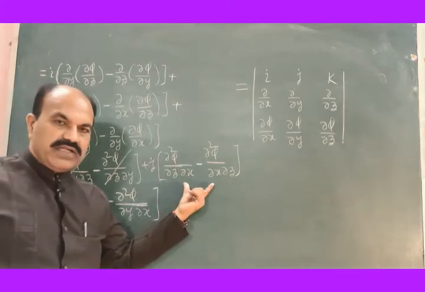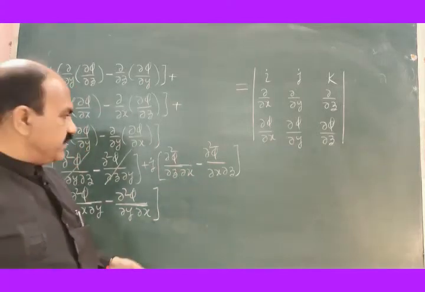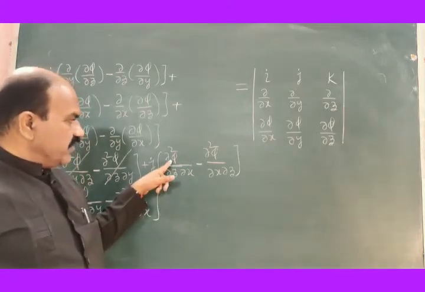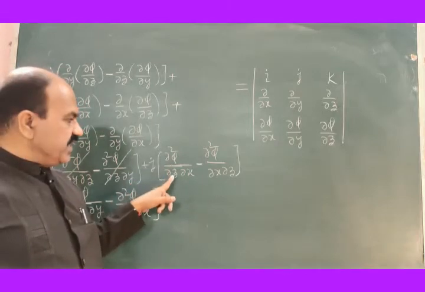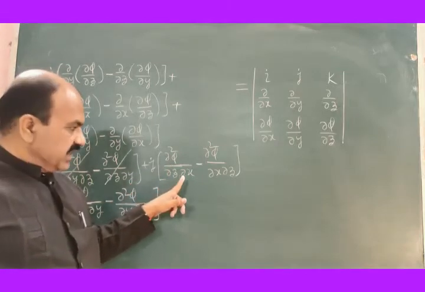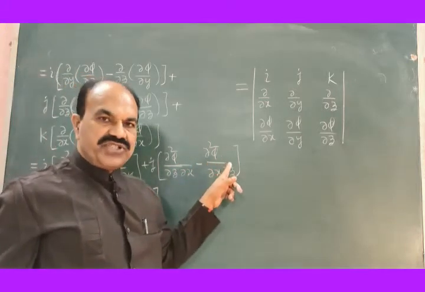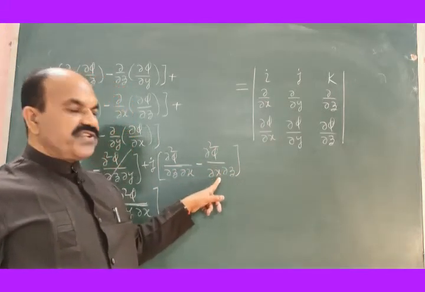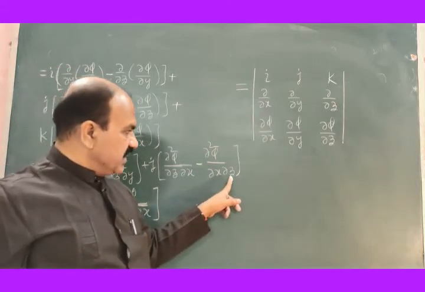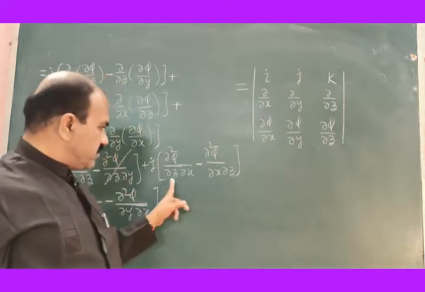Now come to this square bracket. What is the meaning of this? Phi is first differentiated with respect to z, then with respect to x. What is the meaning of this term? Phi is first differentiated with respect to x, then with respect to z.